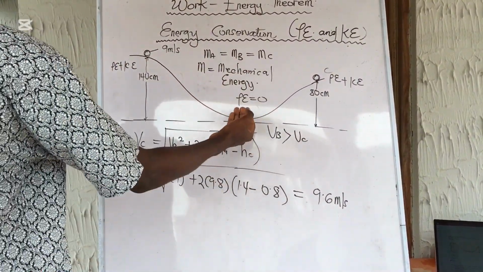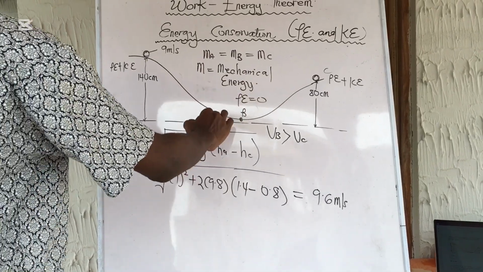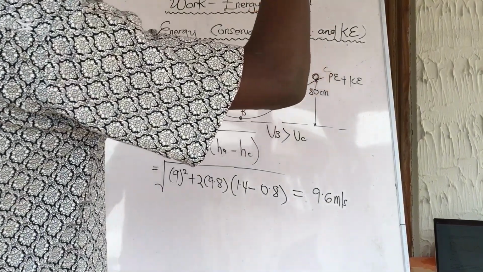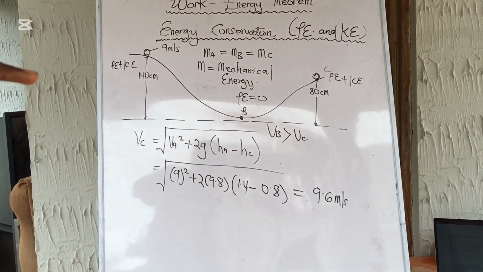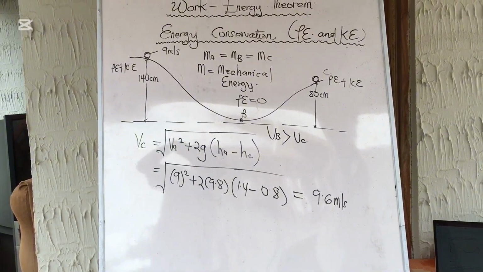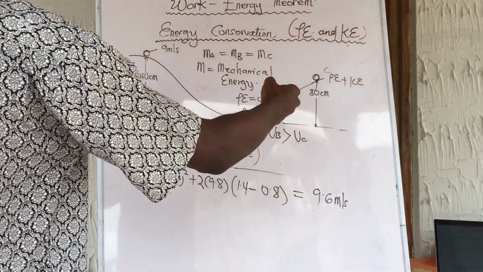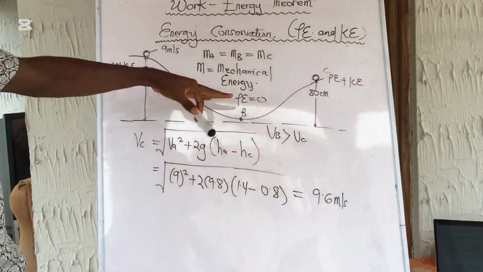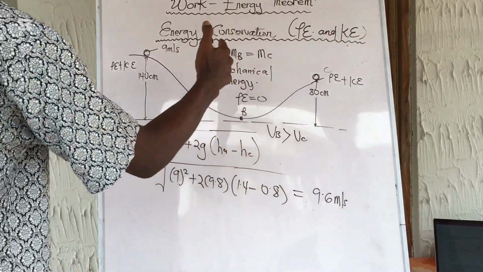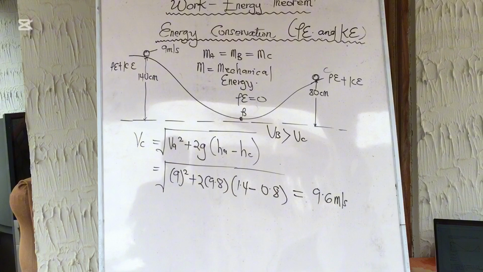So you are having your greatest speed at point B. The moment the ball starts climbing up, the speed starts reducing because it's now gaining height. So now we are gaining potential energy at the same time as kinetic energy, which sum up to give you the same mechanical energy that you were having at point B. The same thing applies to point C.